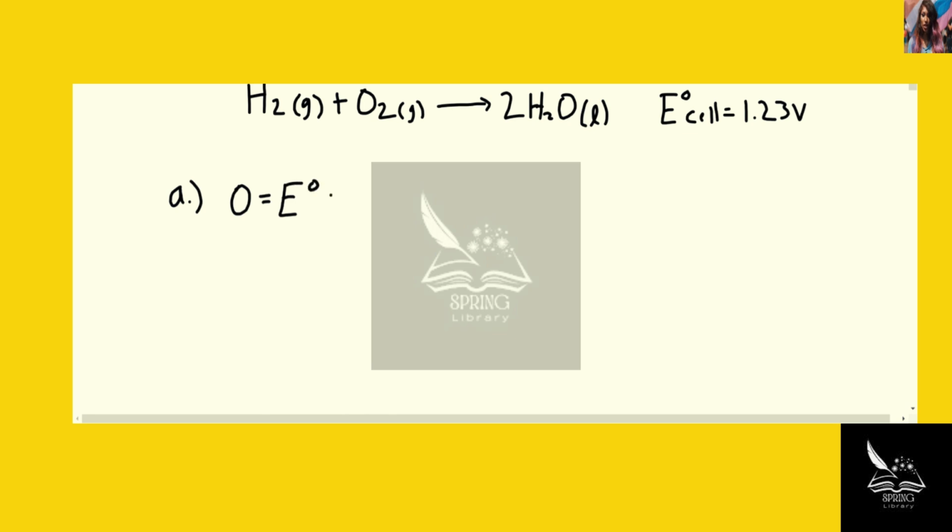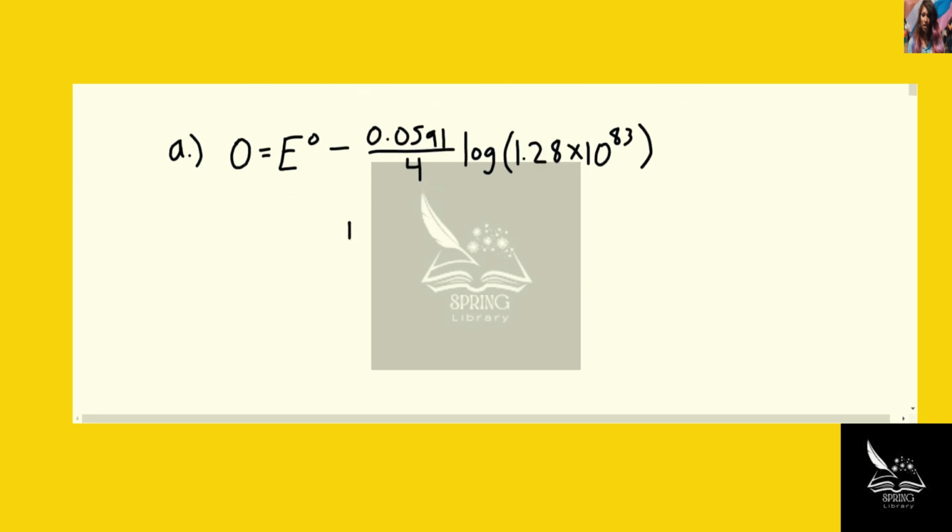And if we are solving for the standard cell potential, then we do 0.0591 divided by those 4 moles of electrons times the log of K, where K is equal to the given value of 1.28 times 10 to the power of 83. And now if we isolate this equation to solve for that standard cell potential, we see that it does indeed come out to that same value that we just found of 1.23 volts. So that is the answer for the standard cell potential of this fuel cell.